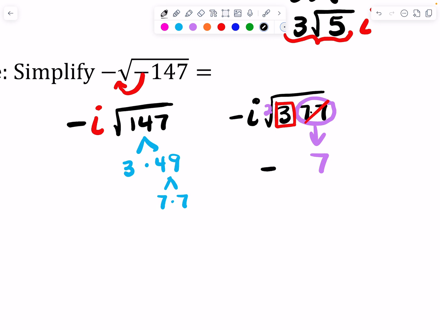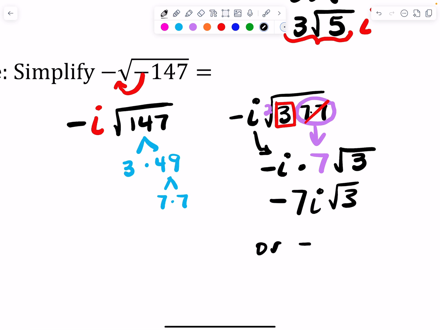And this negative i drops down into our answer. So we have negative i times 7 with the square root of 3, which becomes negative 7i root 3. Or we're going to write it as -7 root 3 with the i at the end.